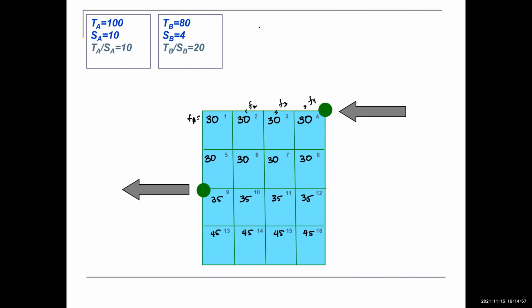So since TB over SB is higher than or equal to TA over SA, consider product B first and product A second.